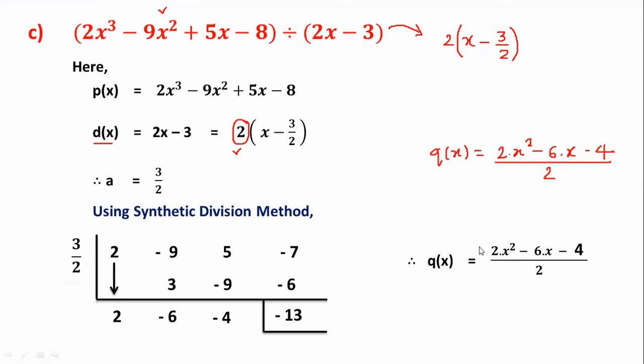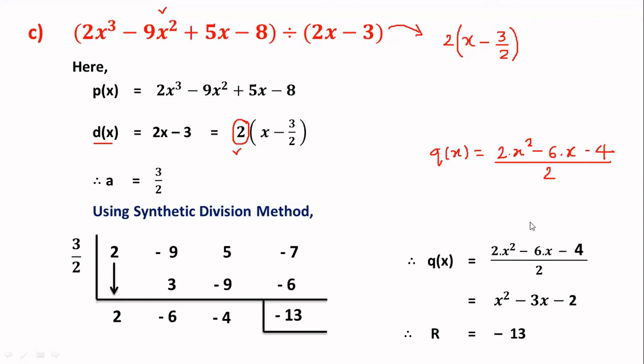And that common 2 taken out and the denominator 2 can be cancelled, so that our actual value of quotient qx will be x squared minus 3x minus 2. And as we said earlier, the value of remainder will be minus 13. So in this way, we can find quotient qx and remainder r by using the synthetic division method when the divisor is in the form of cx minus d.